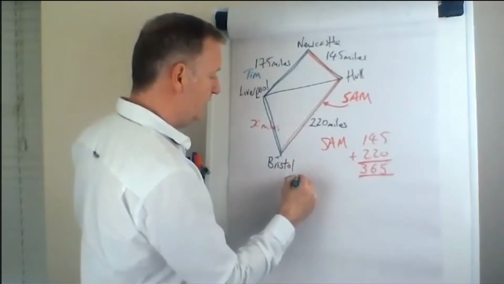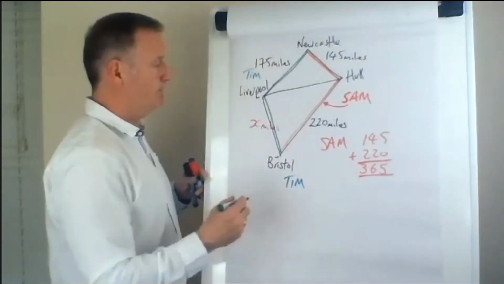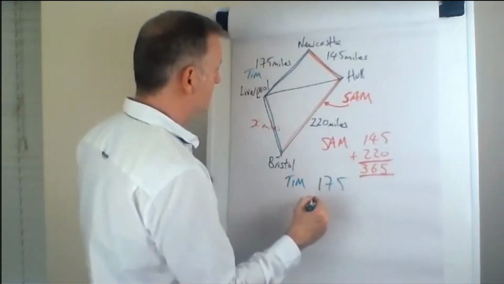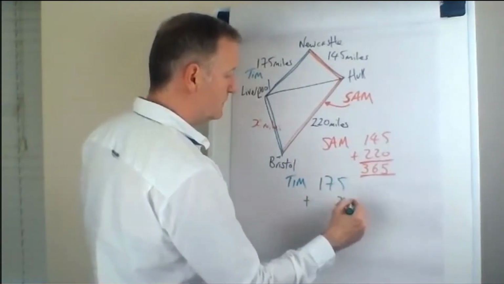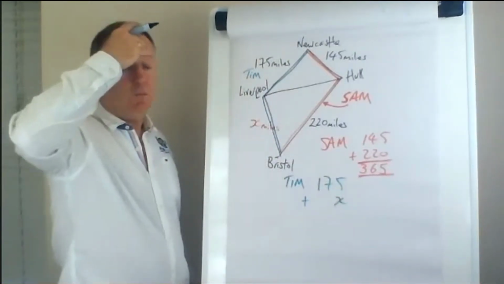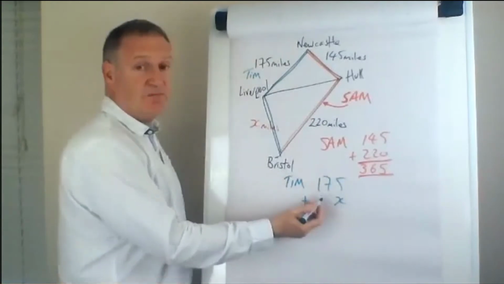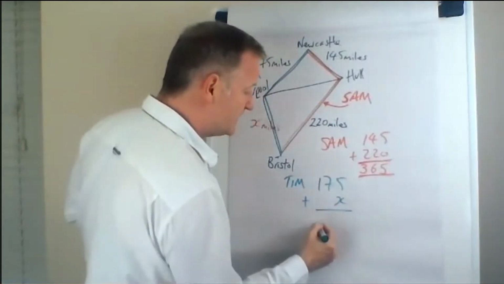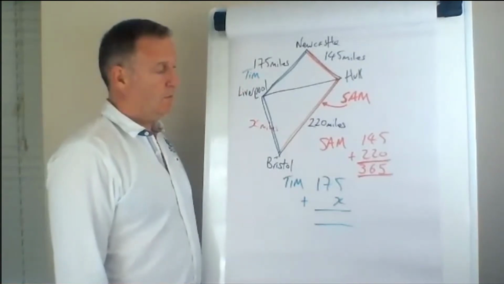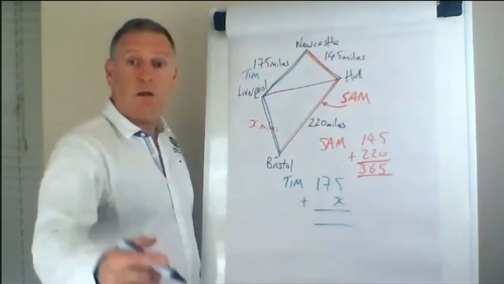Hang on, what's Tim's in? It'd be 175 add X. So we can work out what that is now. Well, that would be 175. So do you know how far that's going to be? Yeah. Well, Tim must have gone 355 miles.